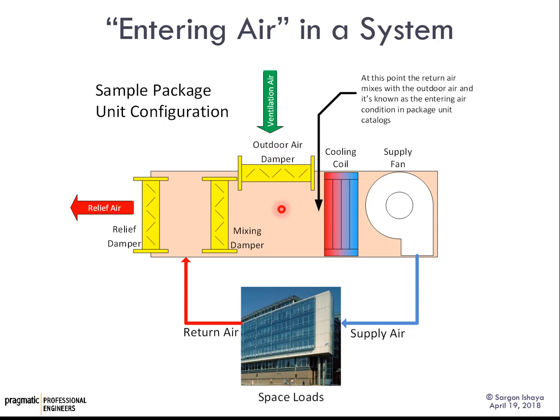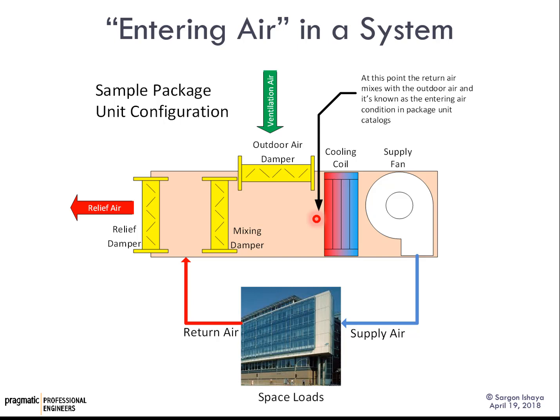The outdoor air comes here, and this is the mixing chamber. This is where they're going to be mixing. The return air and the outdoor air streams mix here. And it's at this point where you have the parameters known as the entering dry bulb temperatures and entering wet bulb temperatures of the unit.